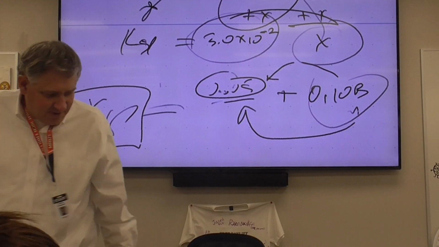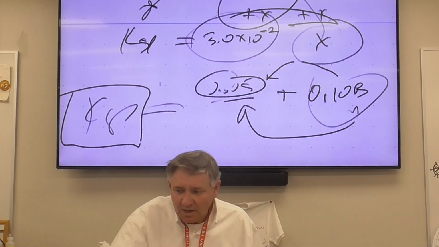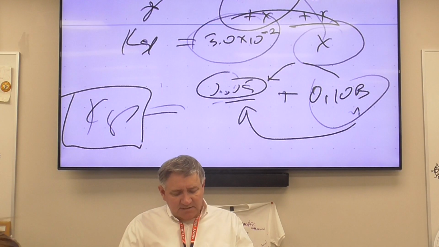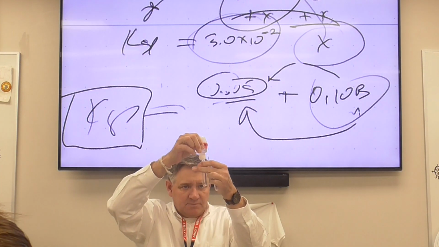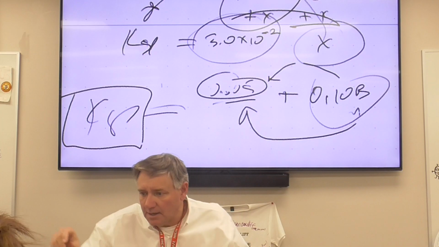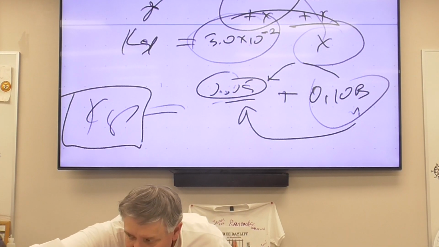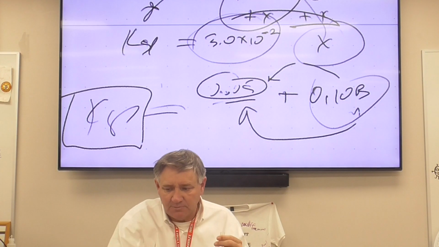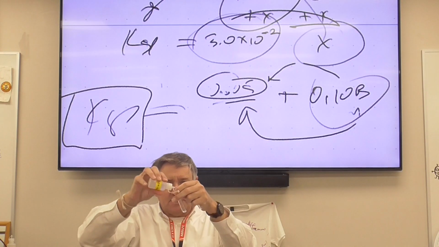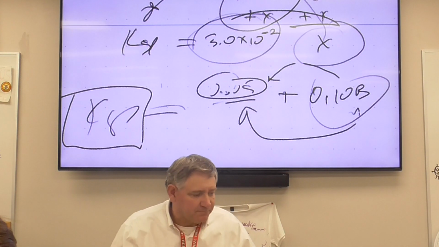Something simple, and this is what you guys are going to do in the lab today. I'm going to take some magnesium nitrate, a couple of drops, then a couple of drops of sodium hydroxide, drip, drip, precipitate. Okay?